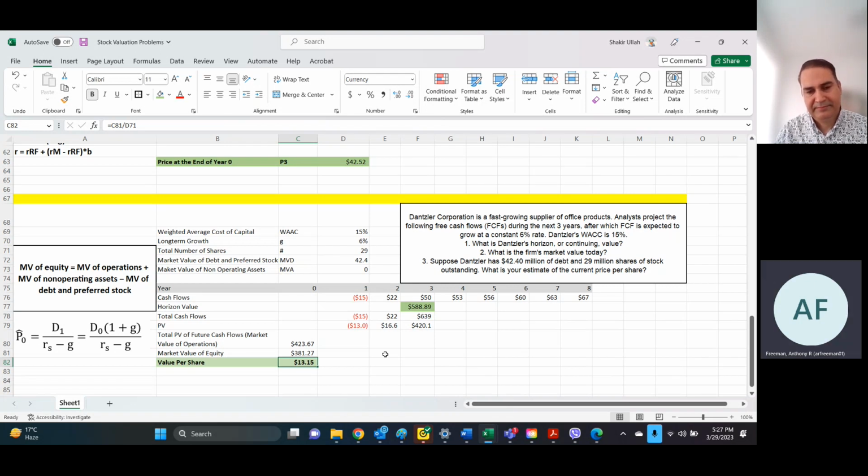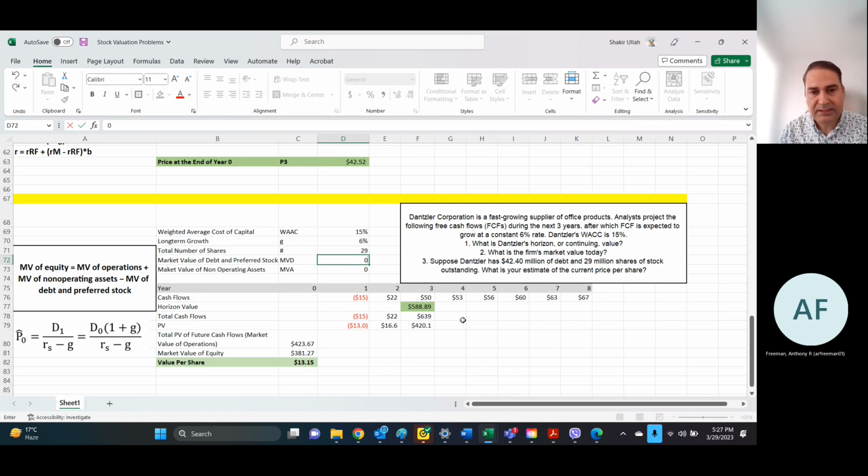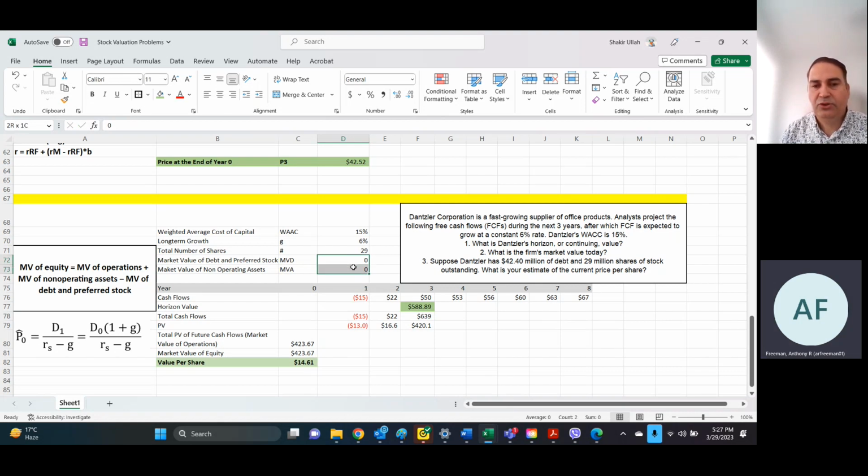Can you do that last part one more time? Sure. In the first question, they had not talked about any debt or non-current assets, so those numbers are 0. And in question 2, they did not ask us to calculate the market price per share, so this number is not required.